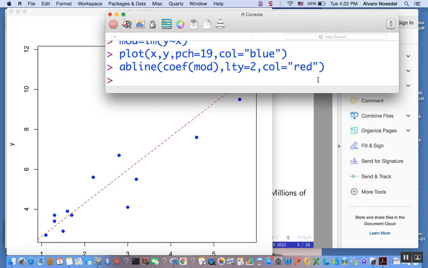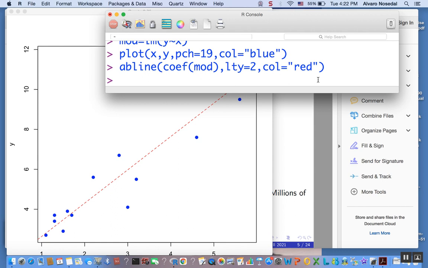The assumptions are that those errors are independent, that they are normally distributed, and that they have the same variance, a common sigma squared, remember?